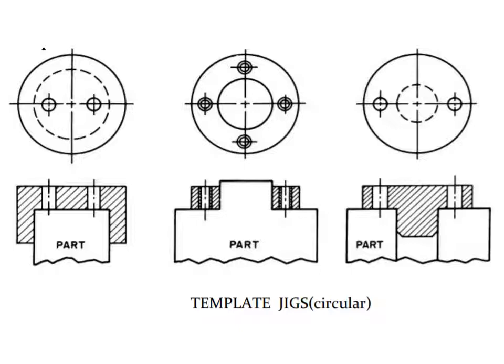So this way the hole can be very accurately transferred onto the part. And if you want to take n number of components, the same accuracy is transferred to all the n number of components. So that is the advantage of having a template jig for making these kinds of holes.